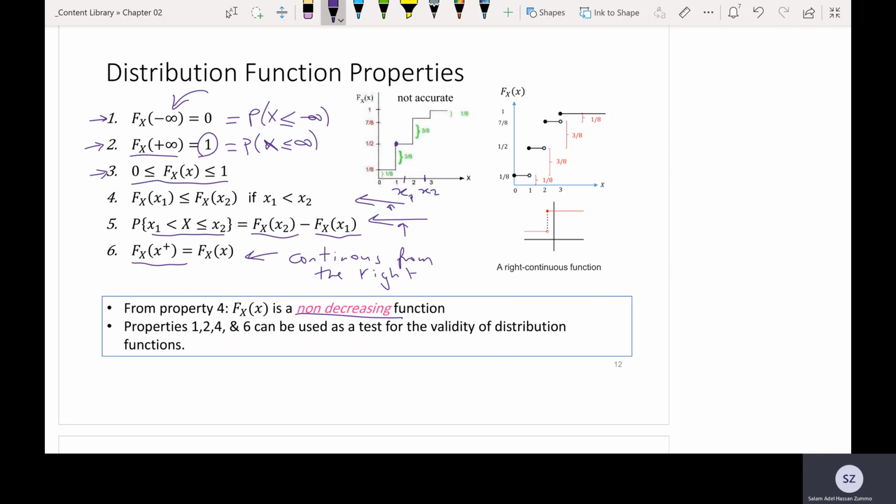A negative function should not be a CDF. And the last two things are that it is continuous from the right and non-decreasing. So these 5 conditions need to be checked.